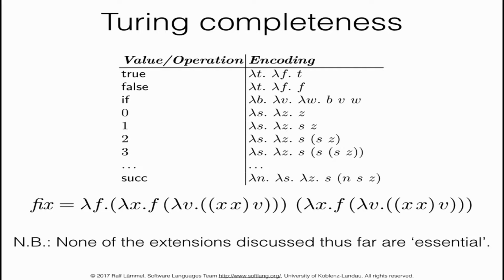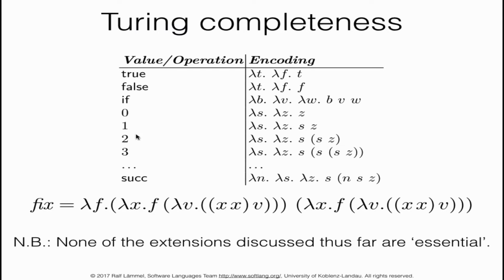That's maybe not that easy to understand, but here's the idea. For example, we encode true as a function which takes two arguments, and we just return the first argument. For false, we return the second argument, and then there's also some encoding of if.